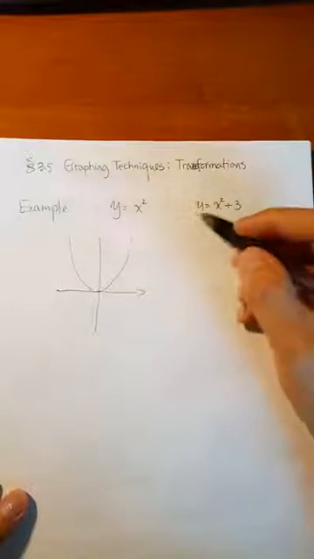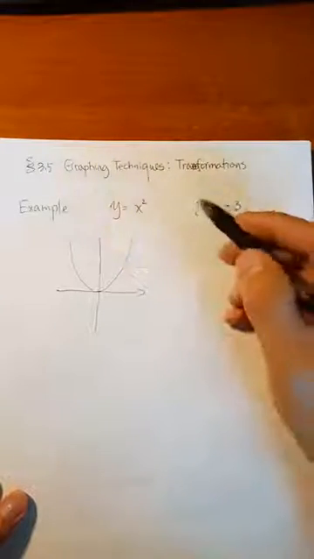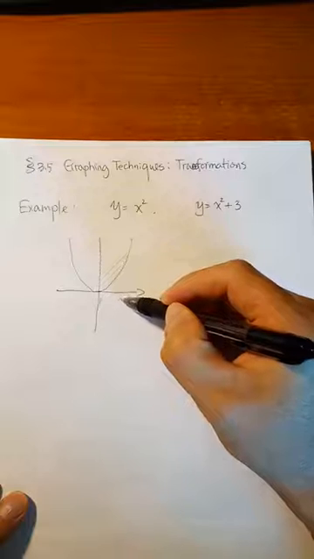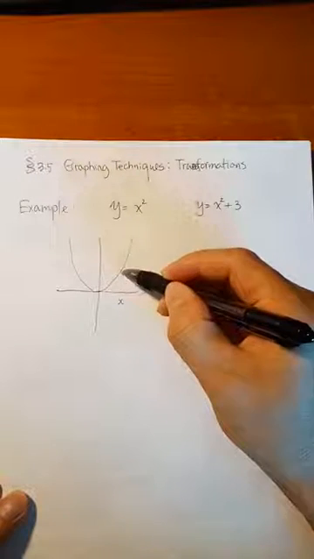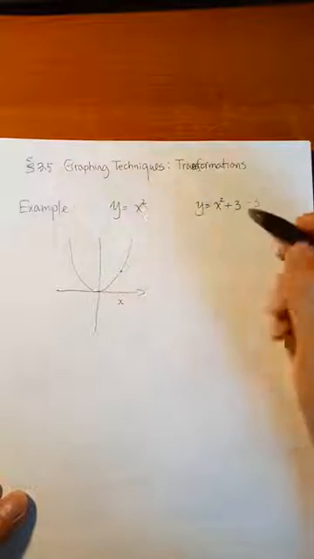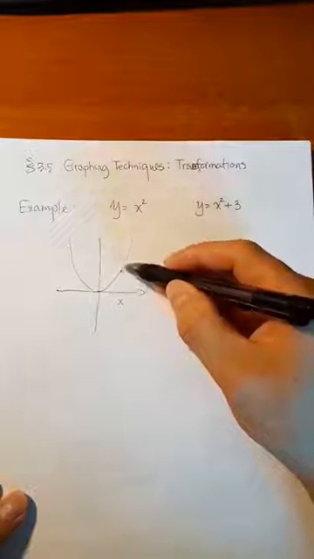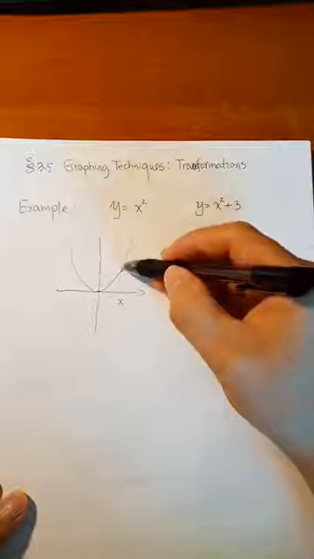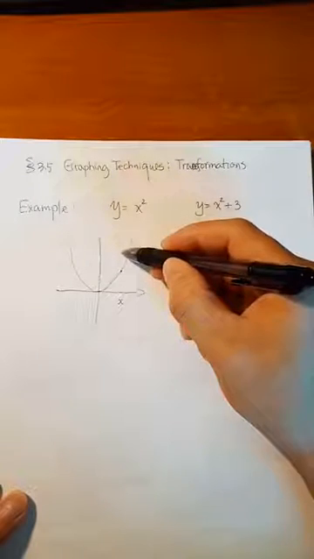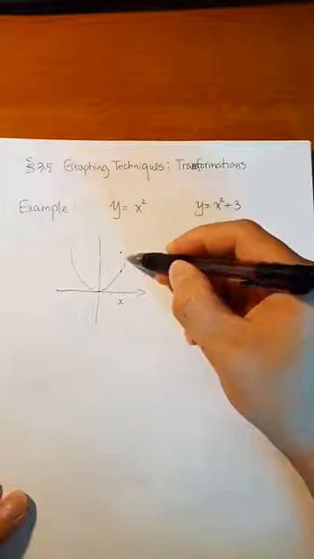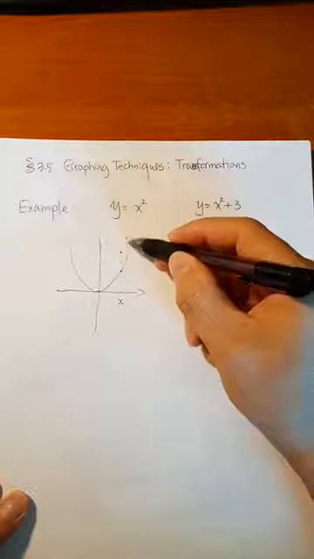If you examine the evaluation, you will see that whenever you have x, you get the corresponding y value, you get x squared. And for the second function, you just simply add 3 to the value. So you add 3, possibly it's here. So every point you're going to move it vertically 3 units up.